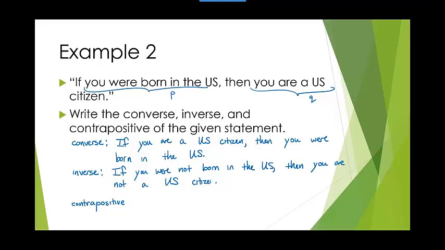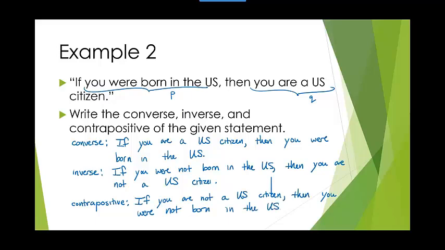And then lastly, we have the contrapositive. That's where you do both things. You flip the order, so you have the citizen part first, and you also put a not in front of everything. So it's going to be if you are not a US citizen, then you were not born in the US.